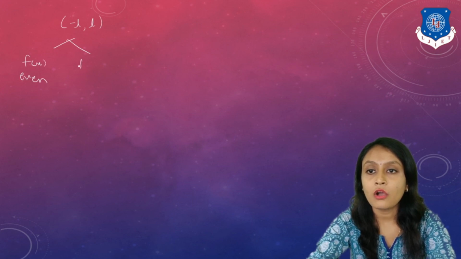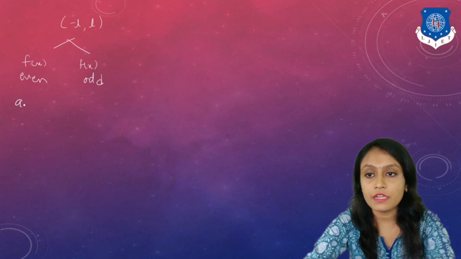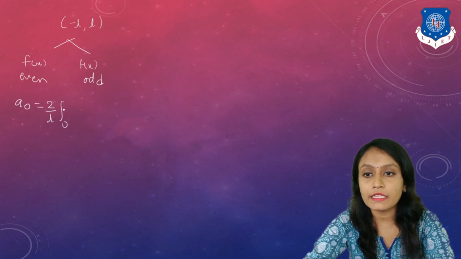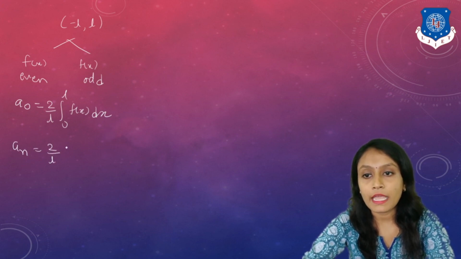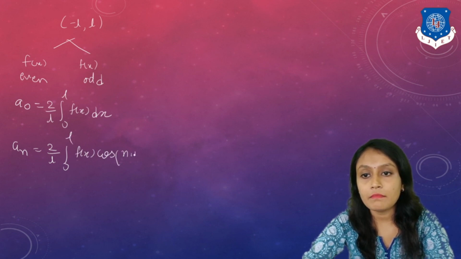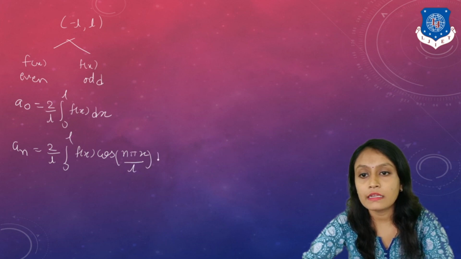So in all that we discussed today, the interval we had was minus L to L. Firstly we have to check whether the function f(x) is an even function or an odd function. If the function is even, we have to find a0, and the formula to find a0 is 2 upon L integration 0 to L f(x) dx. And the formula to find an is 2 upon L integration 0 to L f(x) cos(n pi x upon L) dx.